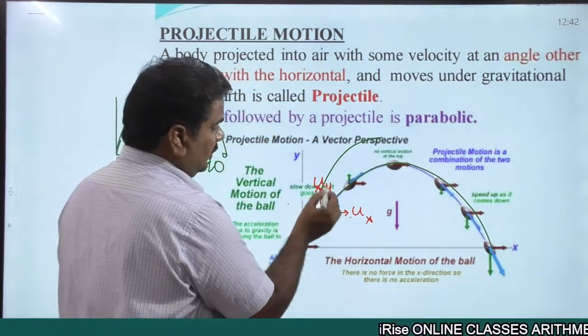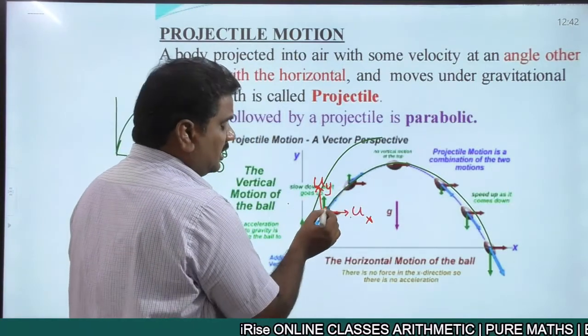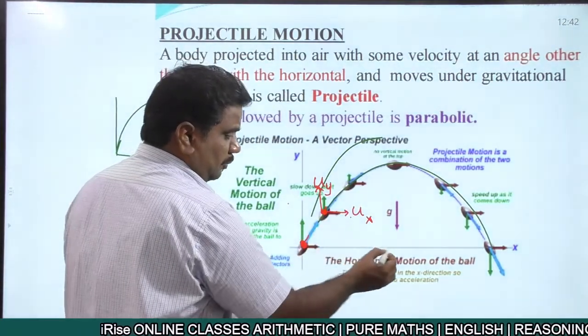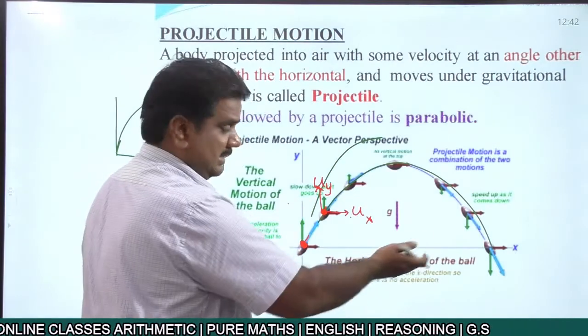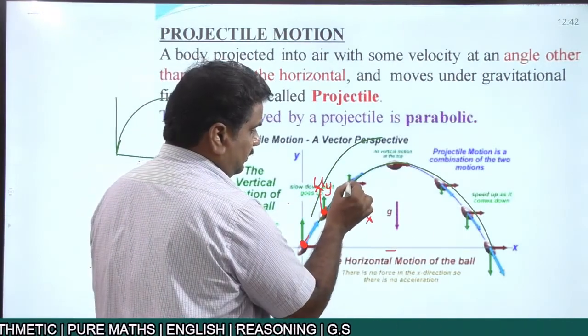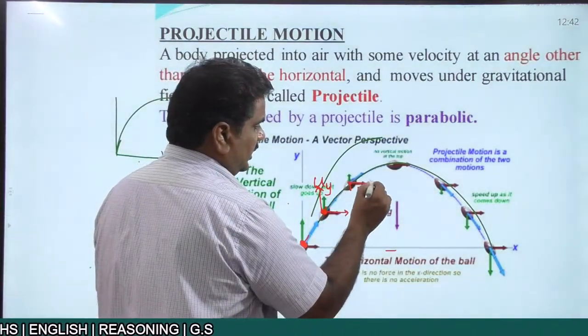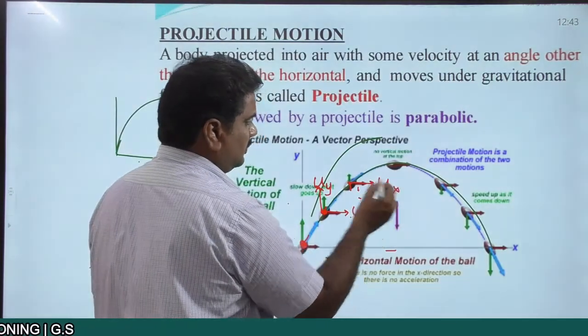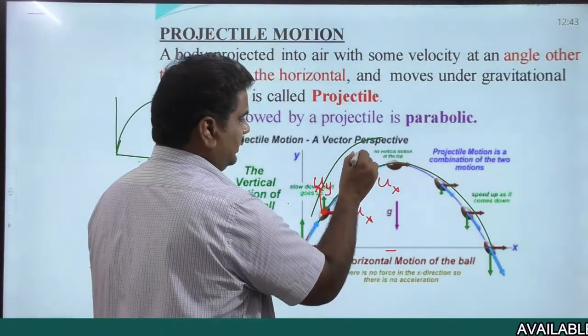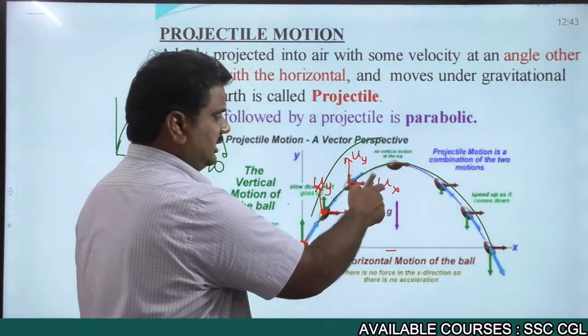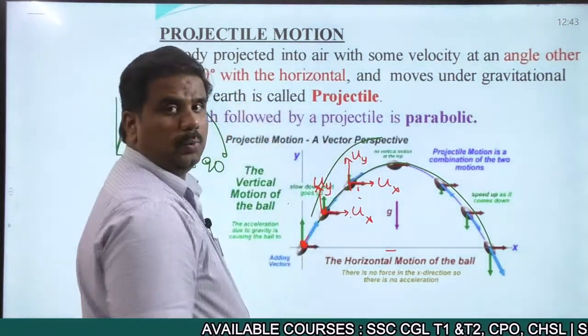Right? Since it has vertical velocity, the height is increasing. Since it has horizontal velocity, the object is covering some distance on the x-axis. Now when it reaches this particular point, again it has ux, and at the same time again it has uy, which means it has horizontal velocity as well as vertical velocity.